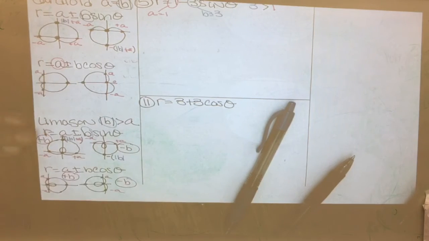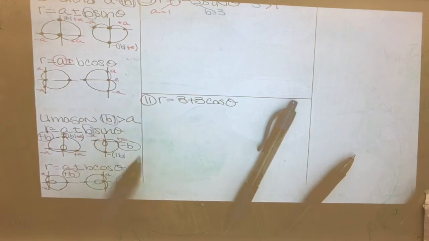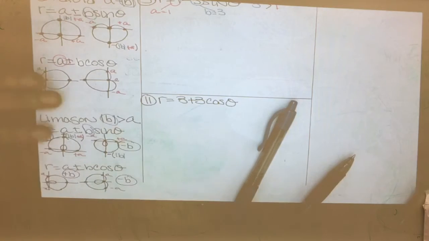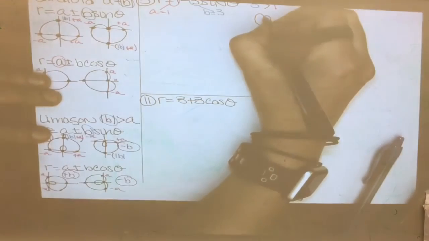And I can tell because the majority of the sine curve is on the positive y-axis, and then here the majority of the sine curve is on the negative. And sine is symmetrical about the y-axis. Okay, so I'm going to draw my little predicted curve over here in the corner.